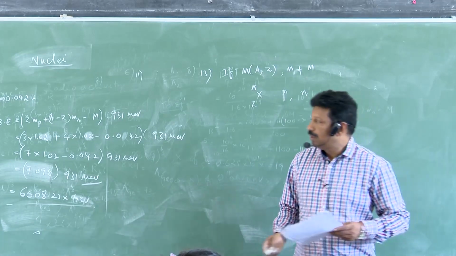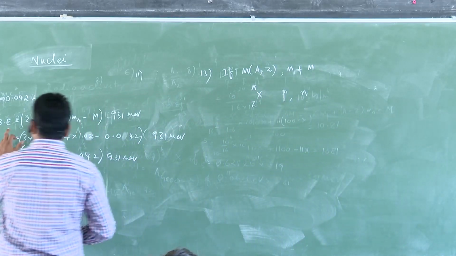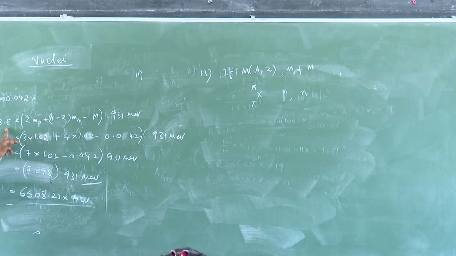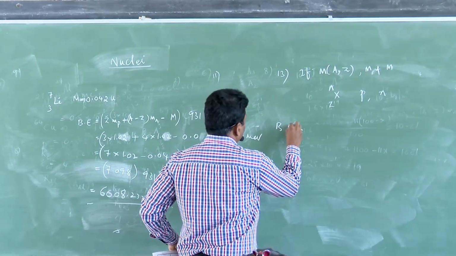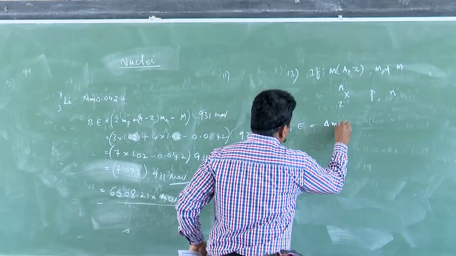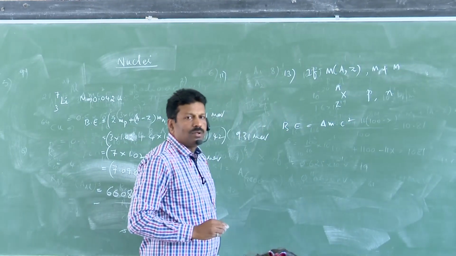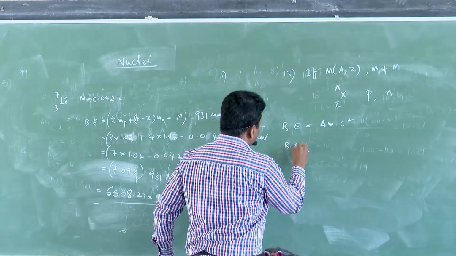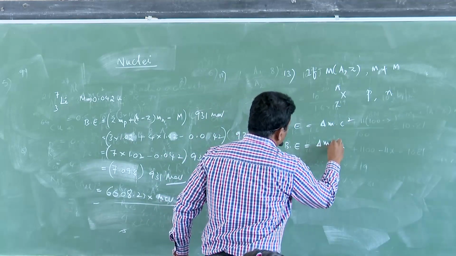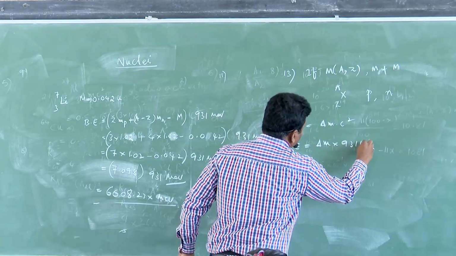So this is the equation, right? Binding energy is given by delta M into c squared, right? So if it is in 931 MeV, binding energy will be equal to delta M into 931 MeV. Correct now?